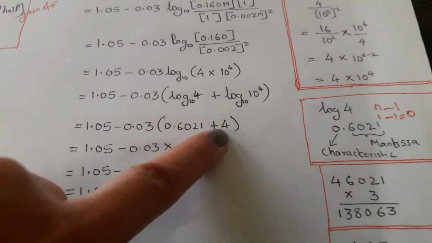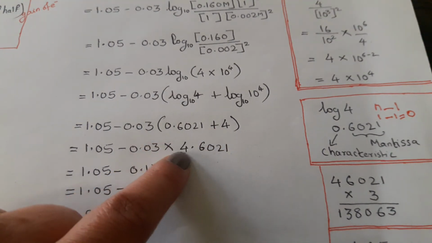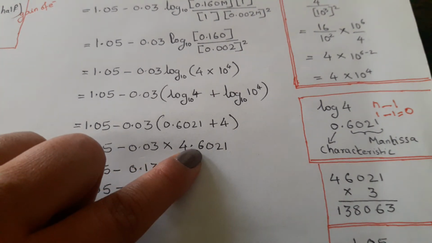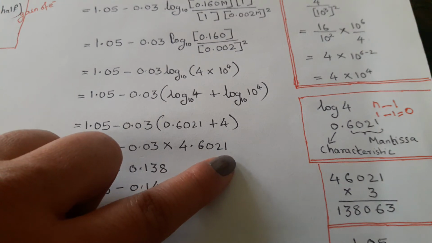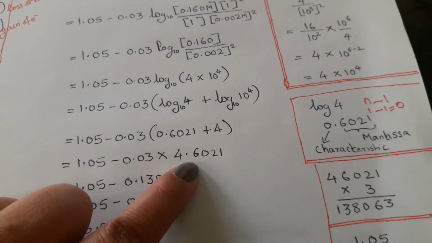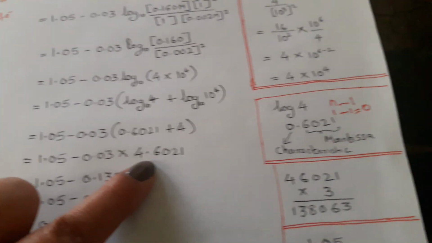So after adding the numbers within the bracket, we get 4.6021. And on multiplying 0.03 with 4.6021, as I had told you, we must remove the decimals while multiplying. That makes the multiplication easy.